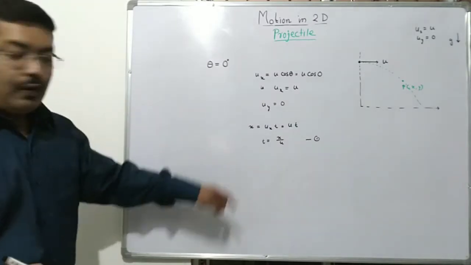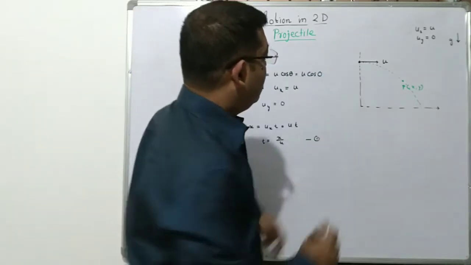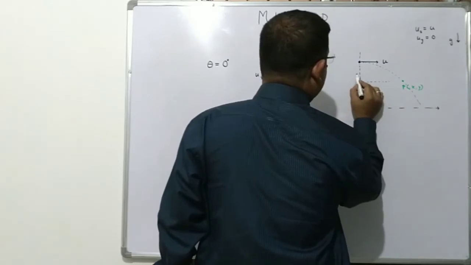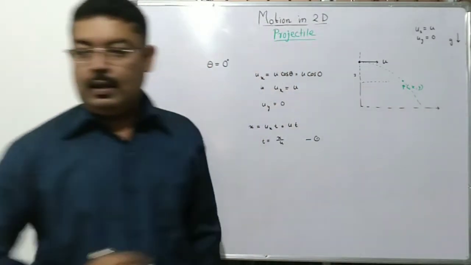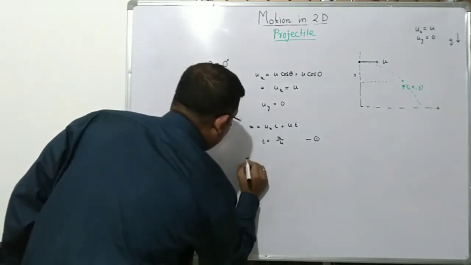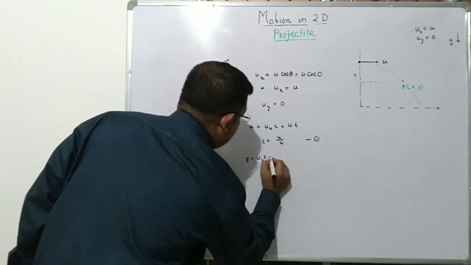Now for the displacement along the y-axis, the distance from here to point P, this will be given by y equal to uy t plus half g t squared.